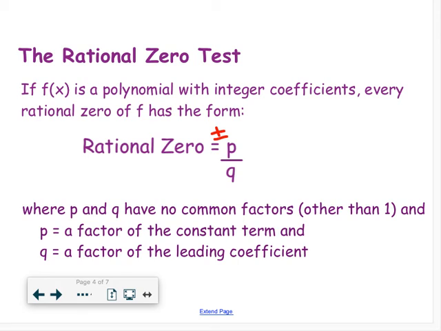If you're following along from your Algebra 2 notebooks, in Algebra 2 this is referred to as the rational root theorem.